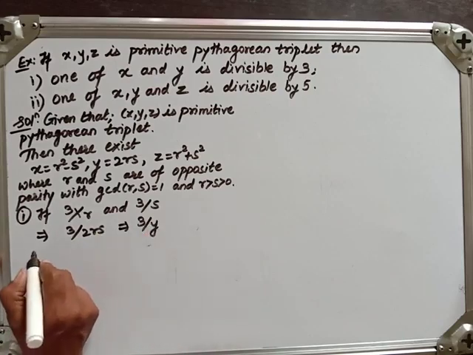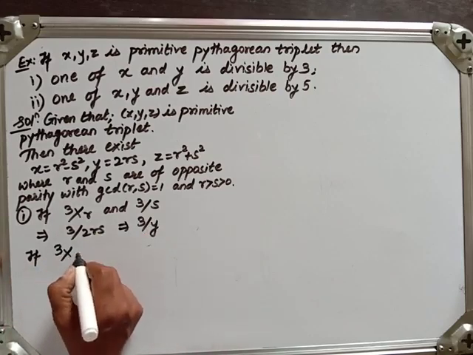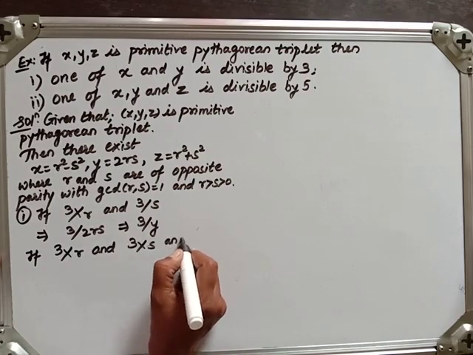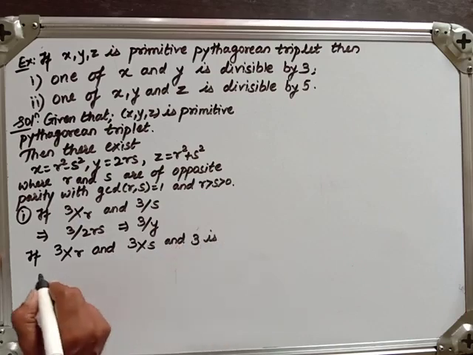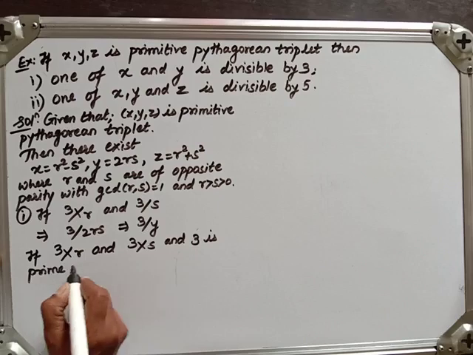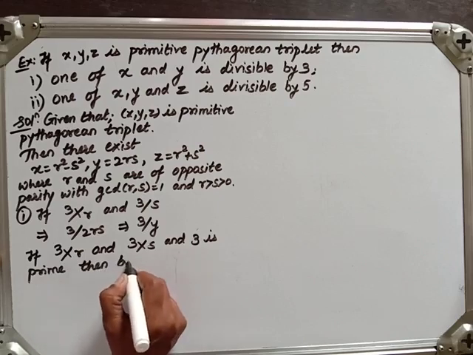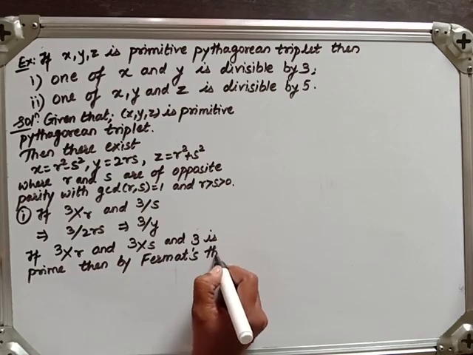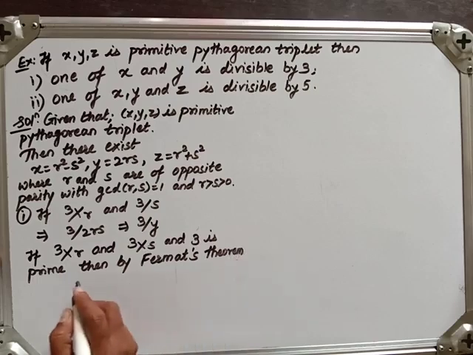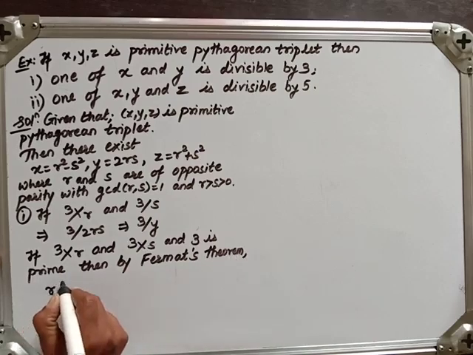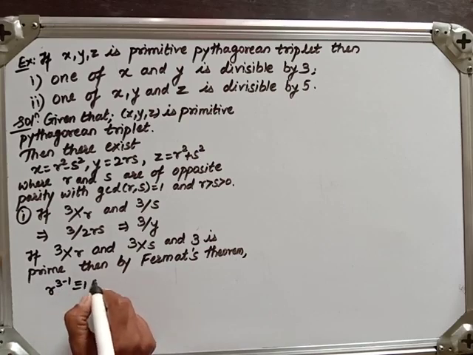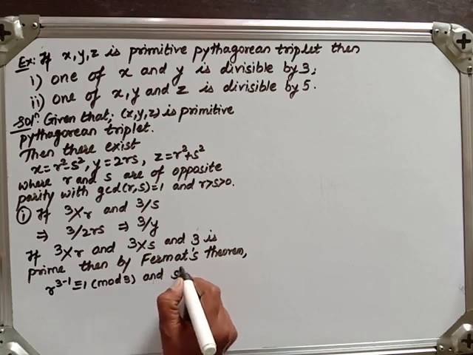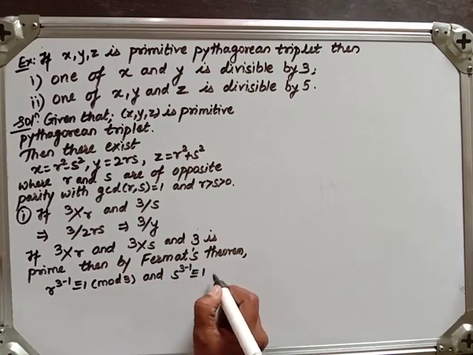y. Now if 3 doesn't divide r and 3 doesn't divide s, and you know 3 is prime, then by Fermat's theorem, r raised to 3 minus 1 is congruent to 1 modulo 3 and s raised to 3 minus 1 is congruent to 1 modulo 3.